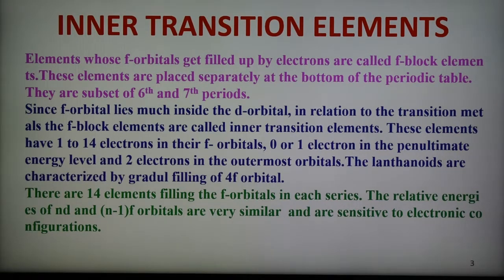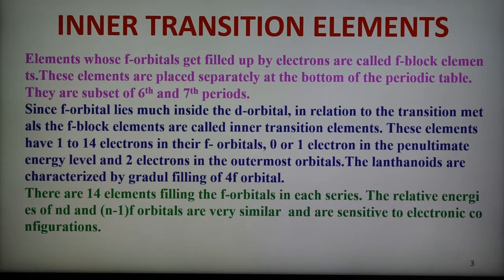Although lanthanum itself does not possess any 4f electron, we include this element in the series. The electronic configurations with fully filled f14 and half filled f7 orbitals are more stable. The extra stability of the half filled orbital is seen in europium and gadolinium.